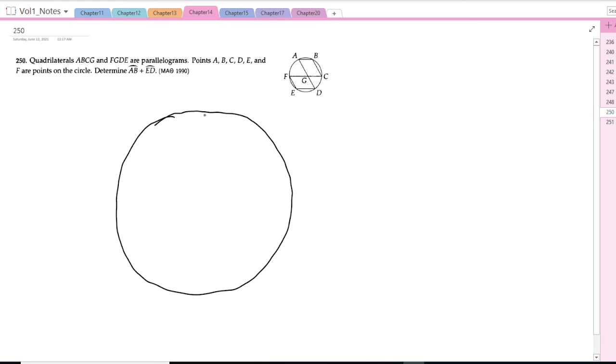Okay, so you can see we have three parallel lines: AB, CF, and ED.